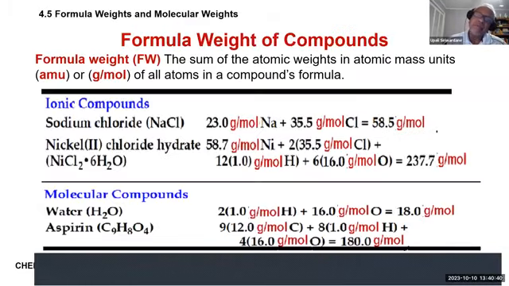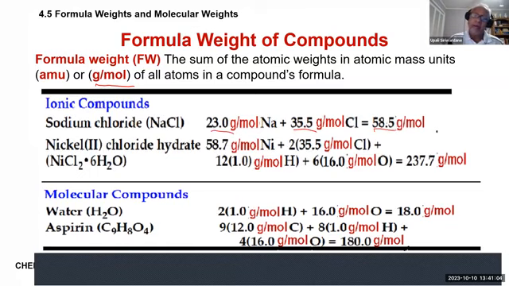How do you calculate formula weight or molar mass? It's expressed in grams per mole. Formula weight also shows how many grams are in 1 mole of substance. From the periodic table, sodium is 23, chlorine is 35.5.